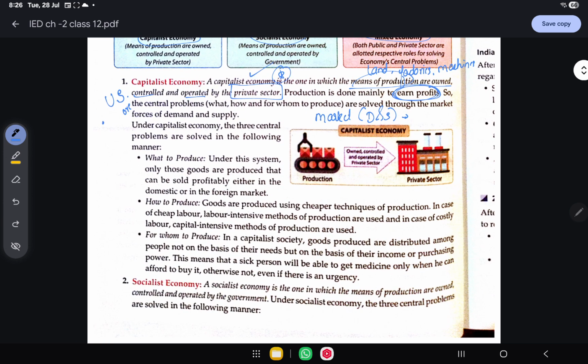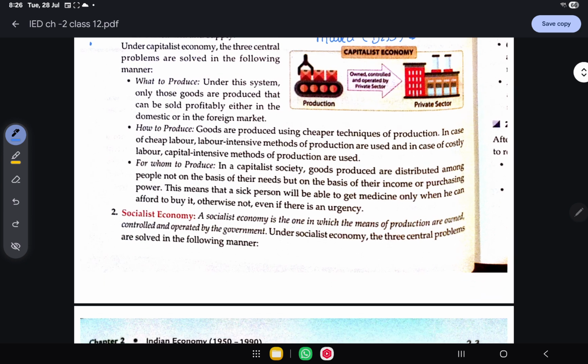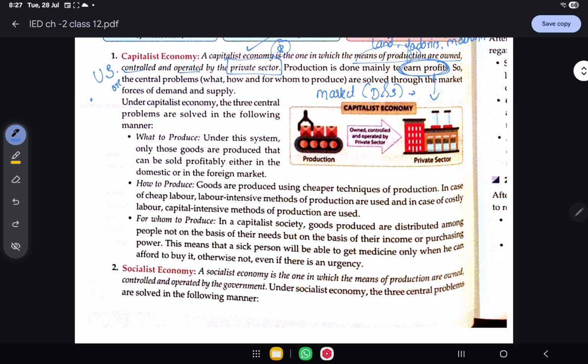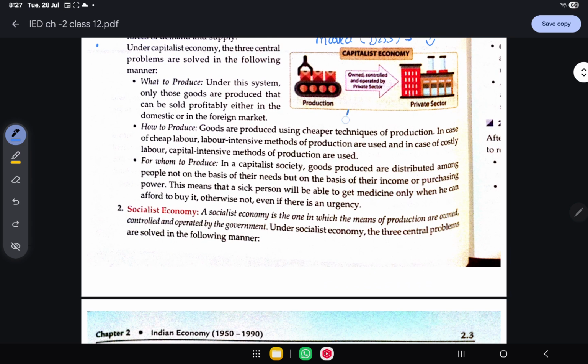There will be private ownership of property, and their main goal is to earn profit. There will be a lot of competition between different private firms, and there will be limited government intervention. These are the features of a capitalist economy.